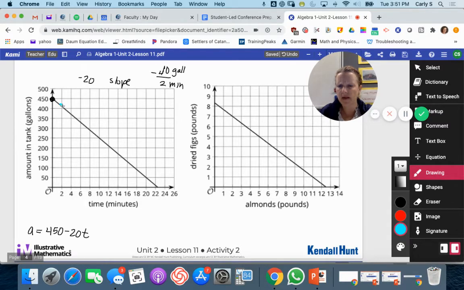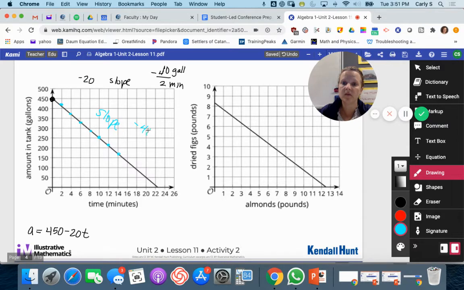And then 40 more gallons would be about there. Subtract 40 again. So minus 40 plus 2, minus 40 plus 2, minus 40 plus 2. That is the slope.